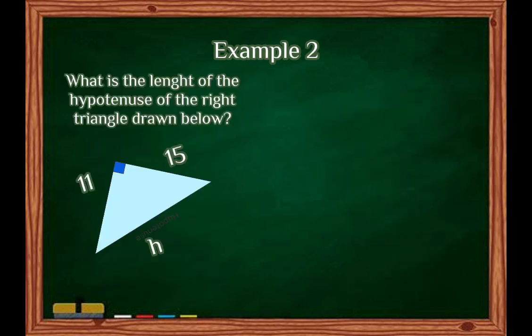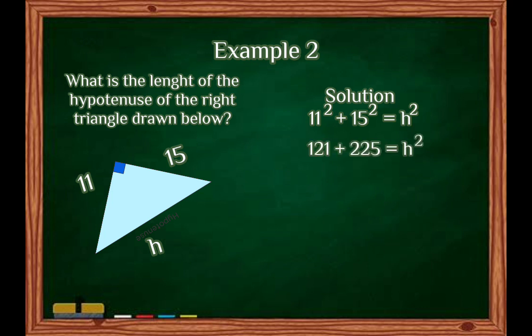Example 2. What is the length of the hypotenuse of the right triangle drawn below? Pause the video and answer this problem. To answer this question, use the formula of the Pythagorean theorem. From the formula, 11 squared plus 15 squared equals h squared.